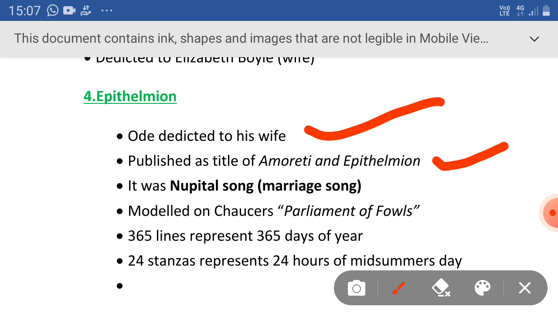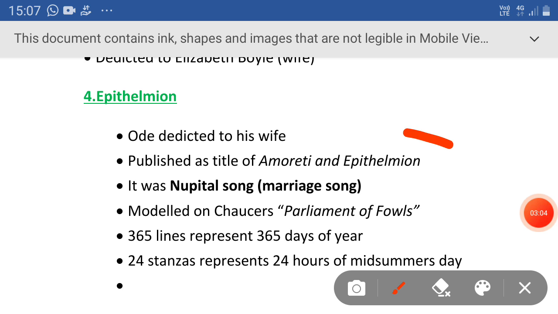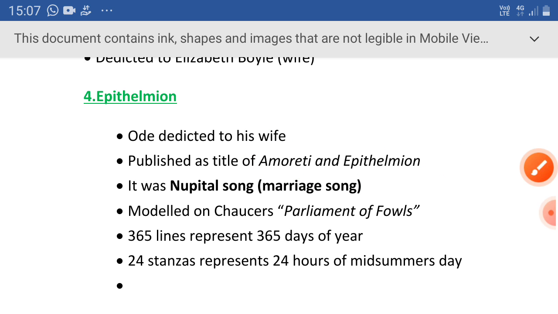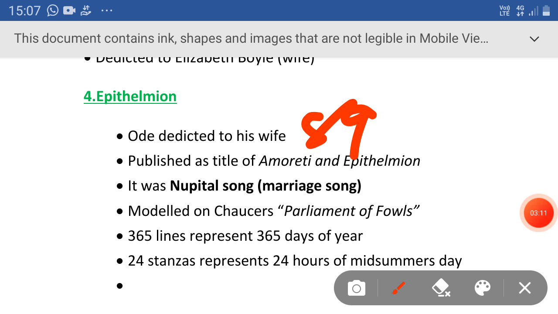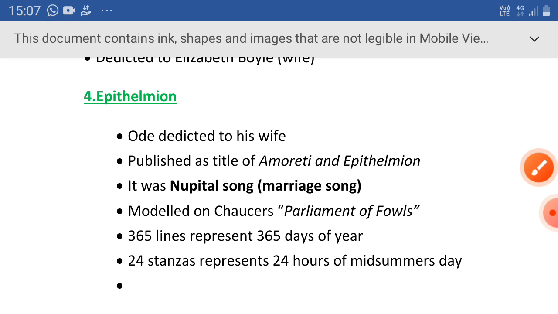It was first published as the collection of Amoretti and Epithalamion, and in this were the 89 sonnets of Amoretti plus one ode of Epithalamion. So a total of 90 poems were there in this title, Amoretti and Epithalamion.